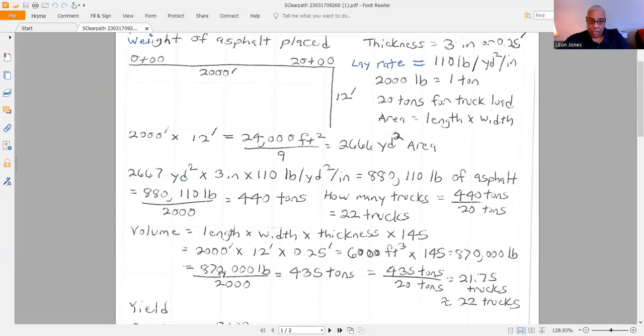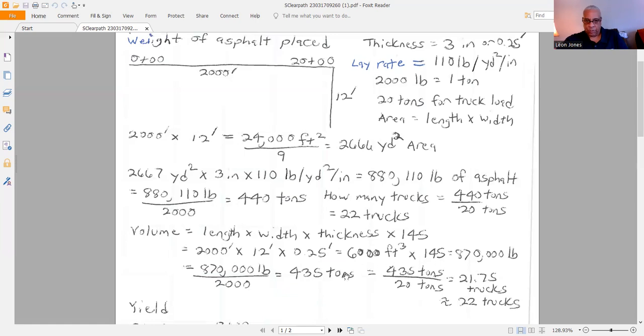So what I did for that equation is I took 870,000 pounds and divided by 2,000, came up with 435 tons. And here I got 440 tons. So the numbers are relatively close, although you can see they're roughly 10,000 pounds apart.